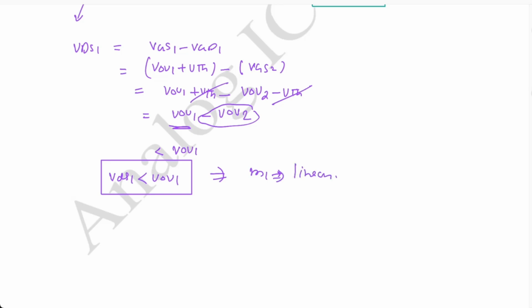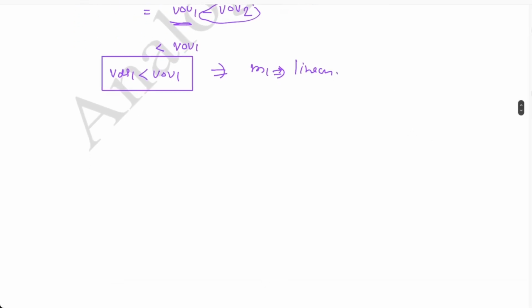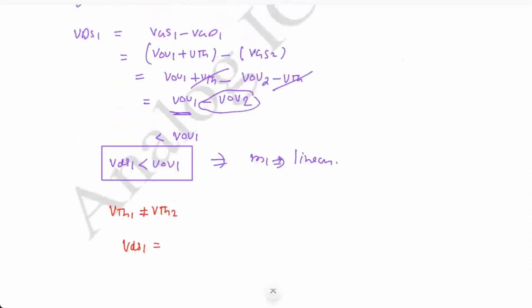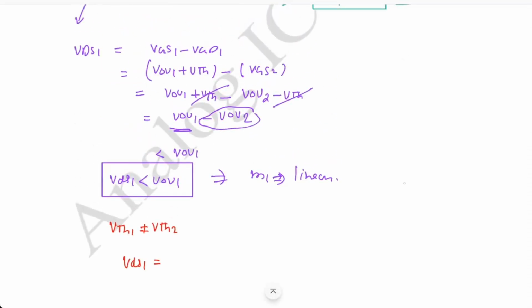Okay. So is there any condition that makes both transistors saturated? Suppose VTH1 is not equal to VTH2. Then VDS1 will be VGS1 minus VGD1.